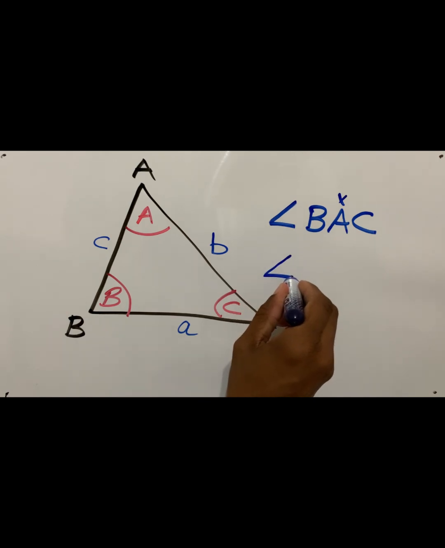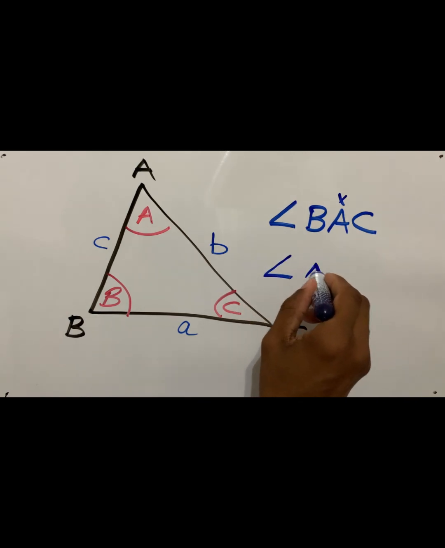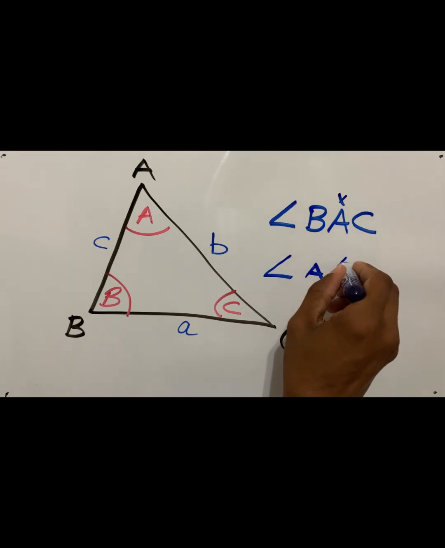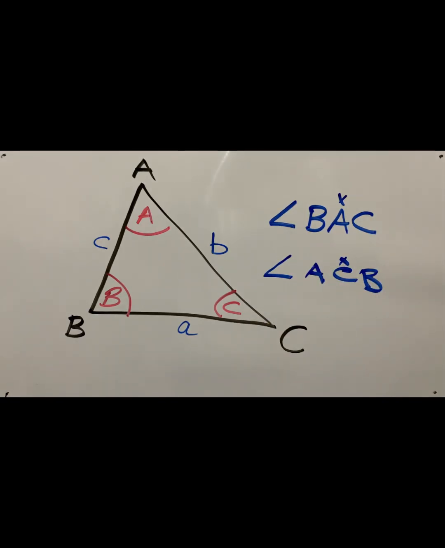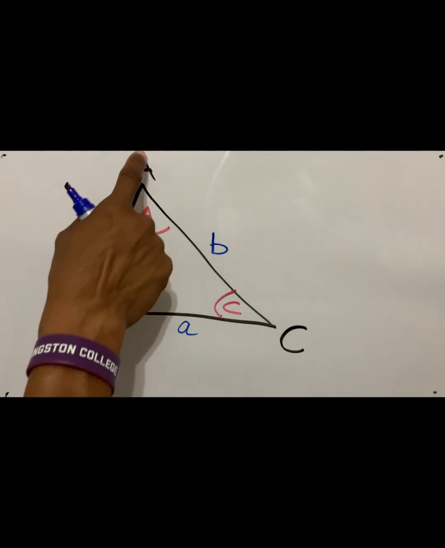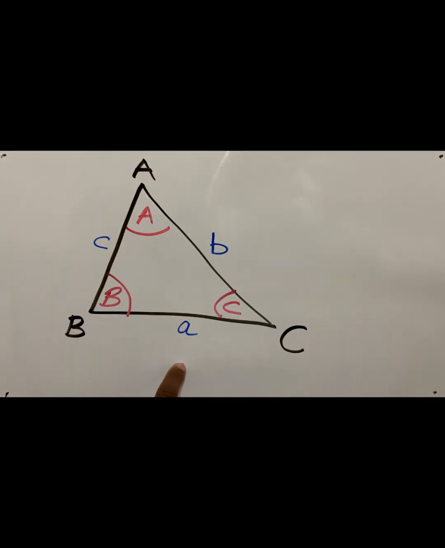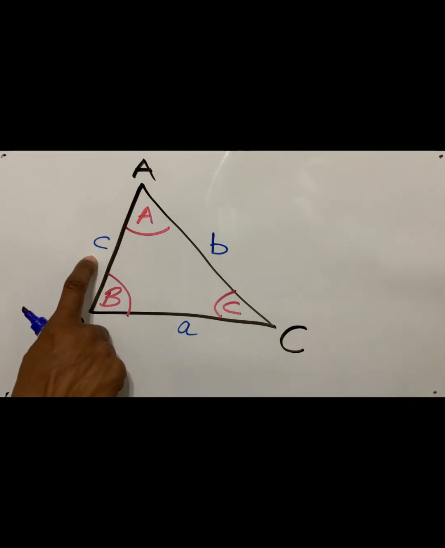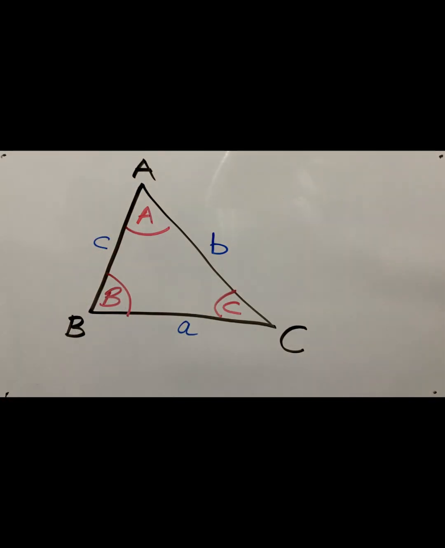If you see angle ACB, it's actually angle C you're looking for. And the sides opposite to the angles are just given the notation of a common letter to that side. So we have angle B, small b, that denotes the length of that side. Angle C, small c, that speaks about that side as well.